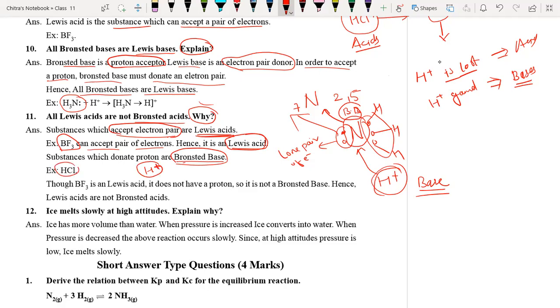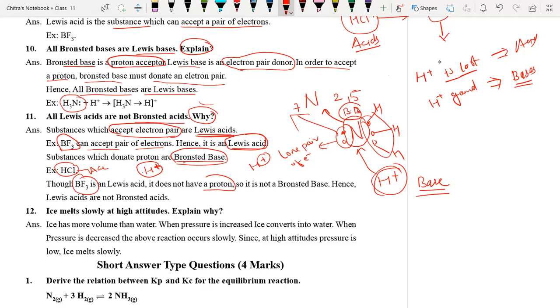So HCl, for example, because when HCl dissolves, it will produce H positive ion. Is it or not? Yes. So HCl is an acid. BF3 is a Lewis acid, it does not have any proton. In an acid we have a proton, but in BF3 do we have any proton?